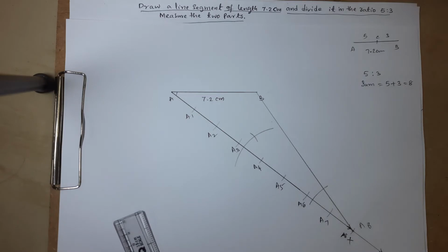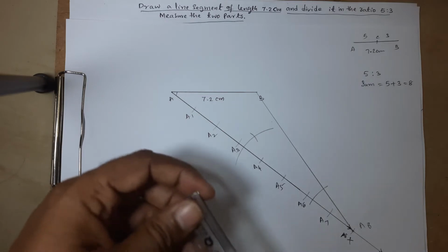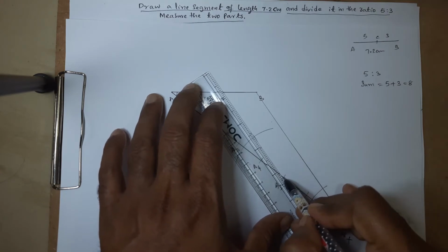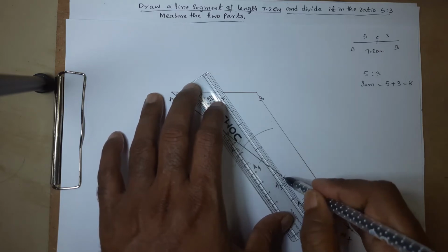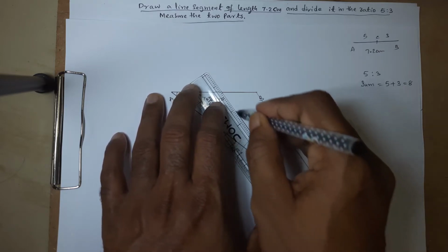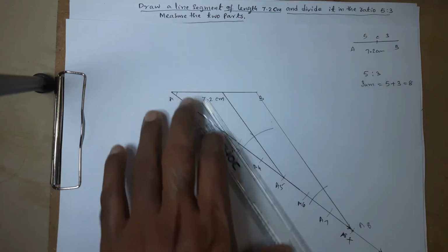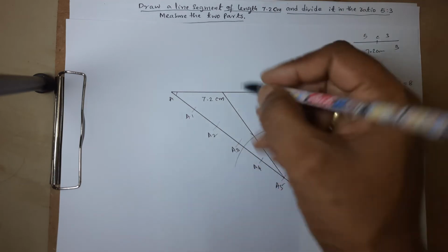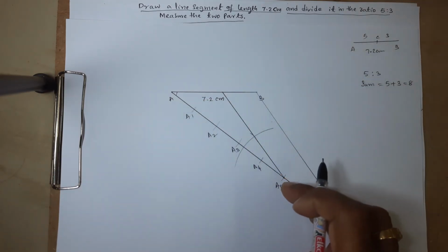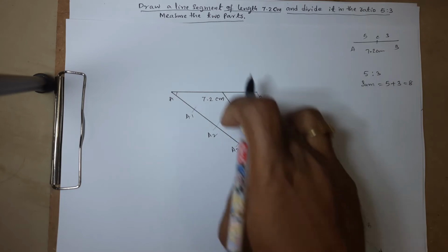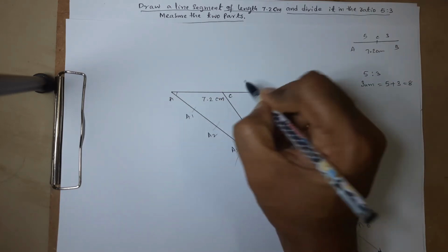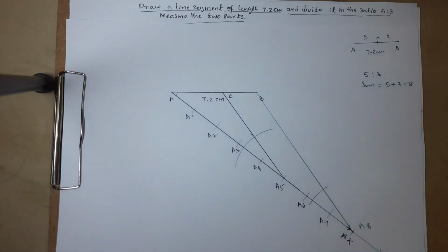Now join A5 and the point where the two arcs intersect. So just join here like this. This parallel line intersects this AB at C.